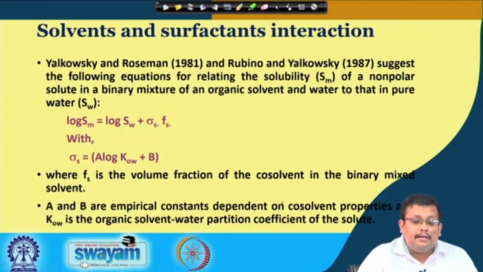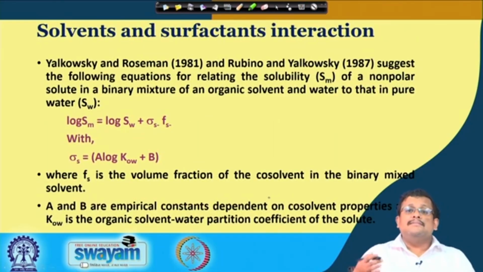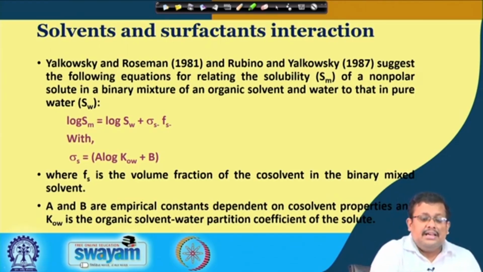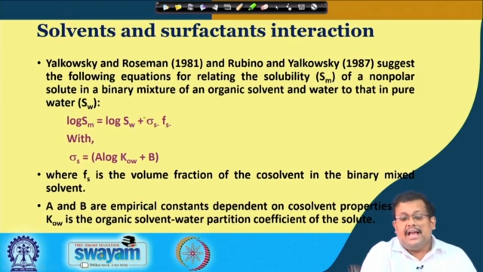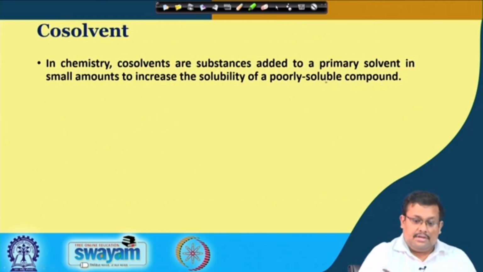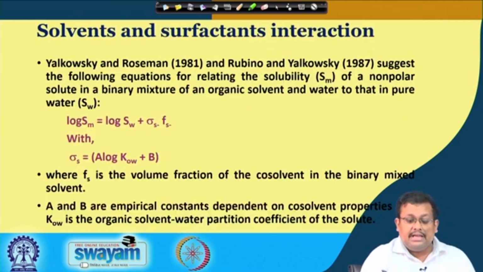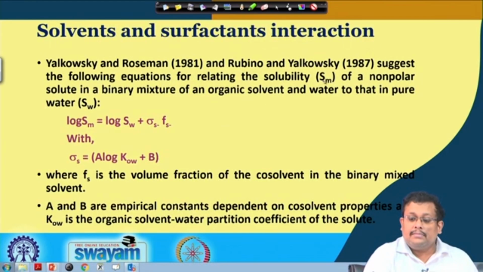So, if we consider more details about these solvents and surfactants interaction, we will see that these two scientists, Yalkowsky and Roseman in 1981 and Rubino and Yalkowsky in 1987, suggest the following equation for relating the solubility, if we consider solubility as Sm.